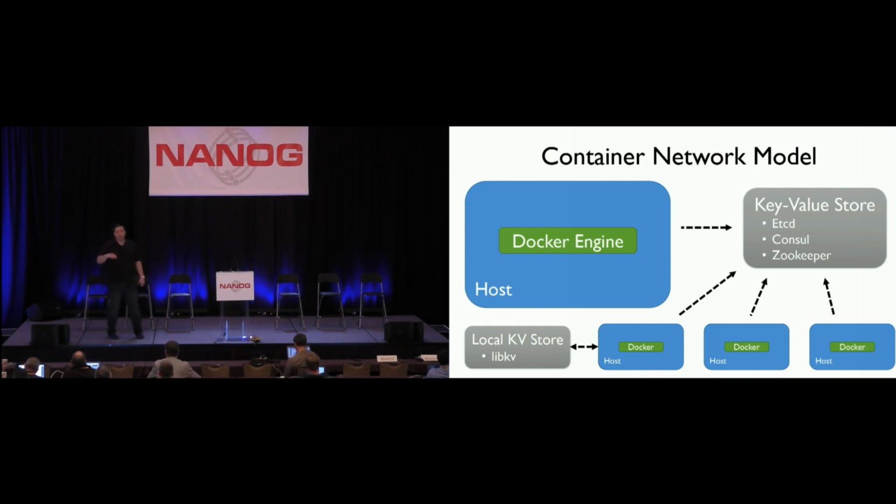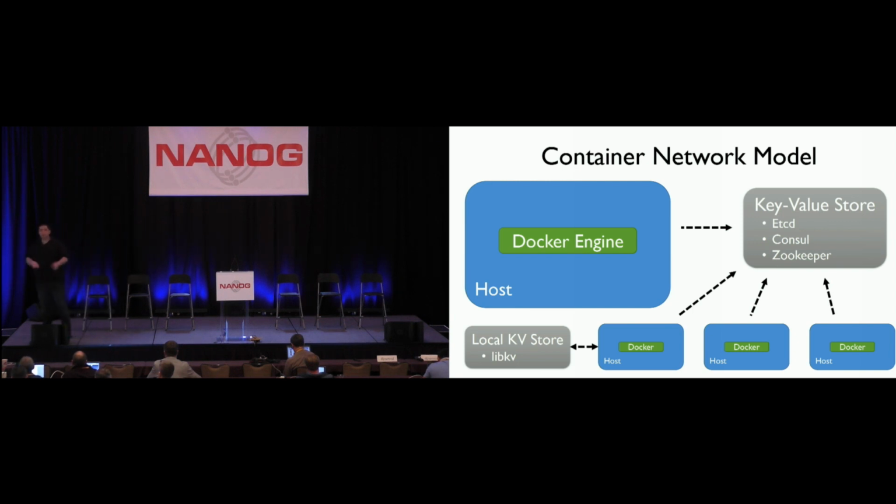So key value store has the information, number one, about the containers on the network. Number two, it has information about the networks. So if at any point of time you sit on a Docker node that's part of that cluster that communicates to the key value store, when you do docker network inspect, it will show you all the network definitions that are in the key value store, whether it's etcd, Consul or Zookeeper.